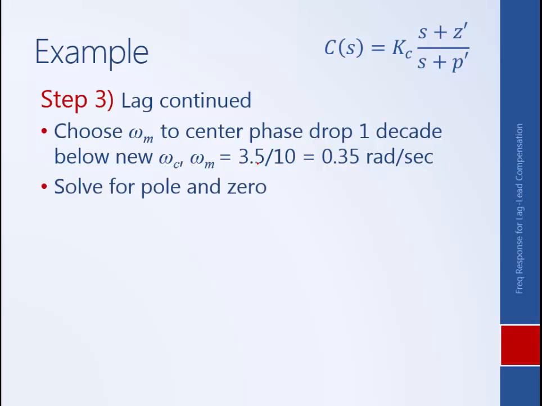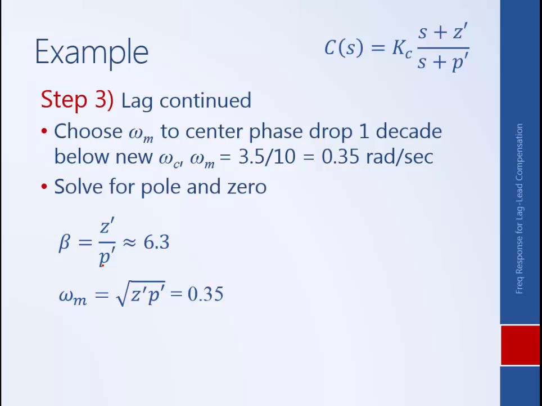So once we have these two relationships, the ratio of the pole and the zero, as well as where to center the pole and the zero, if we recall, this center is at the geometric mean of the pole and zero location. So between these two relationships, we have two equations and two unknowns, our zero and our pole.